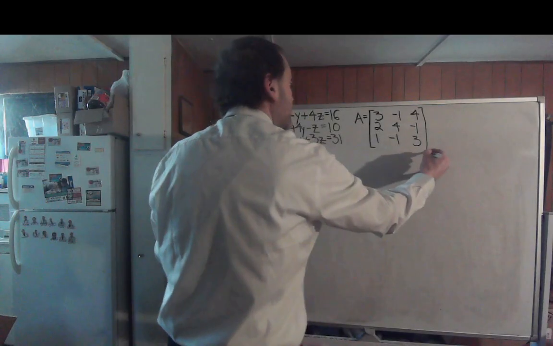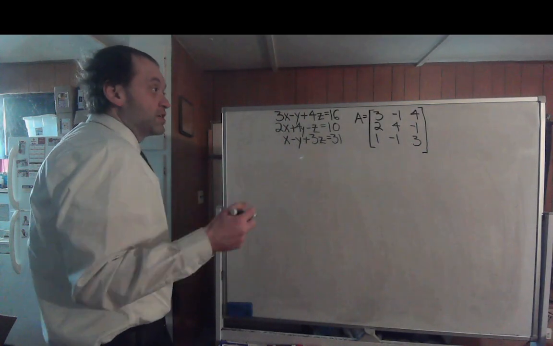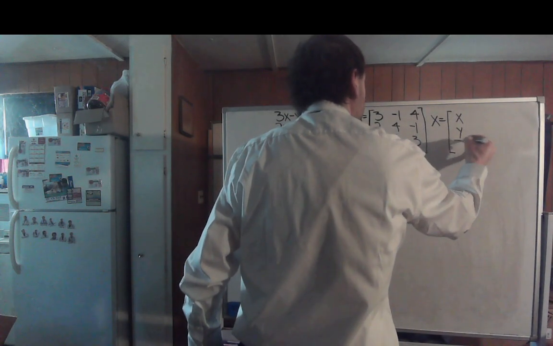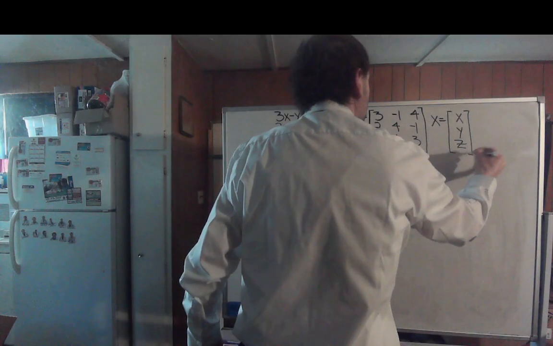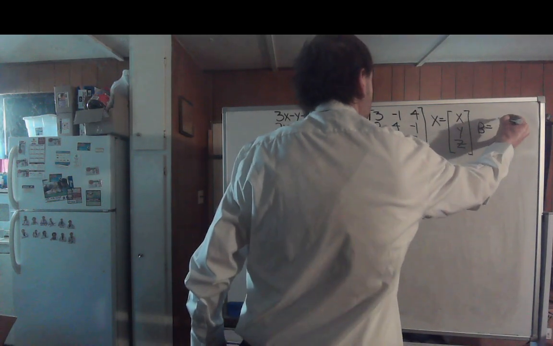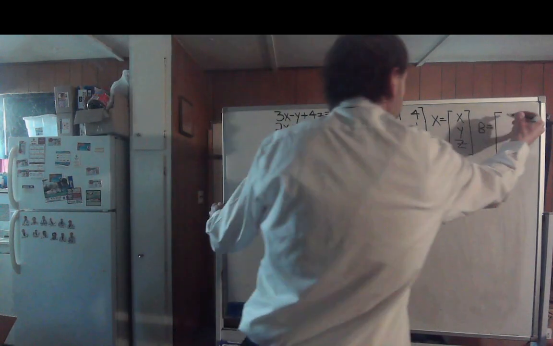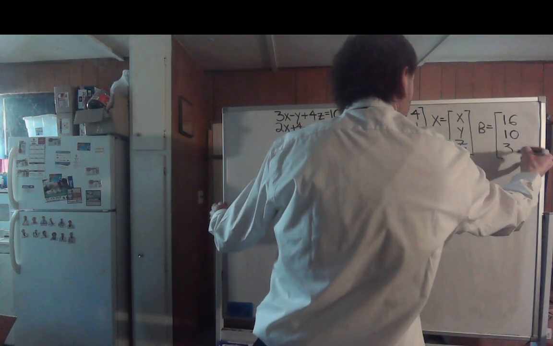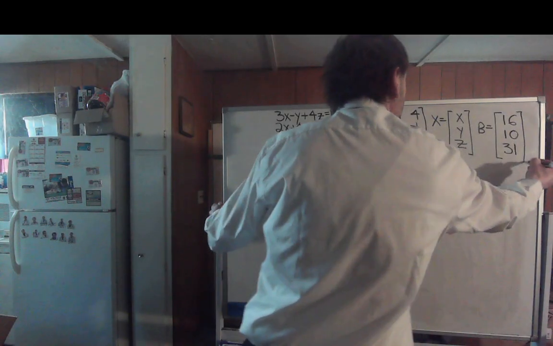There's your A matrix. Let's figure out your X matrix. That's just the variables X, Y, and Z, a 3 by 1 with X, Y, and Z as your entries. Then your B matrix is going to be everything to the right of the equal signs, the 16, the 10, and the 31. That is your B matrix.